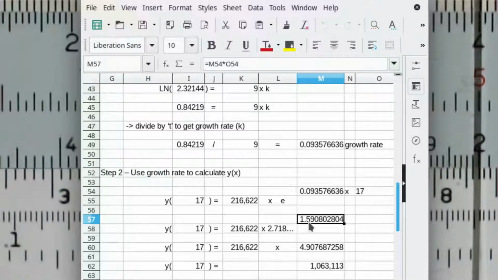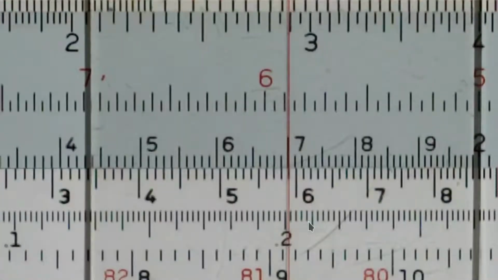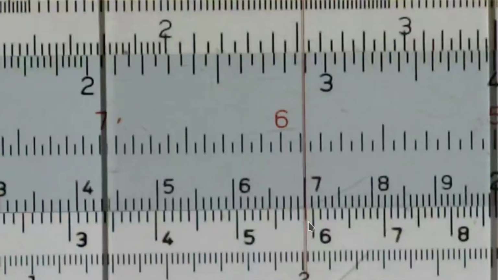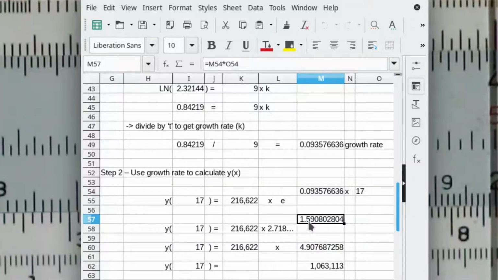So that's pretty good. So the next thing is to bring that along on the log-log scale. And so what we do is we need to raise e to the power of 1.59, and again, because it's Euler's number, we use the log-log scale to read that number off.